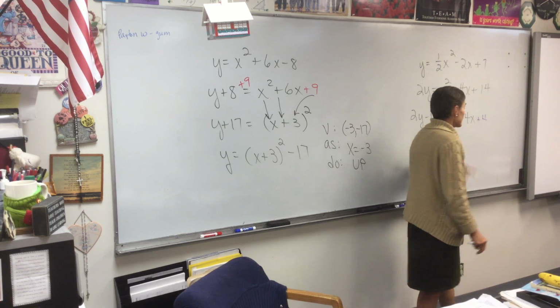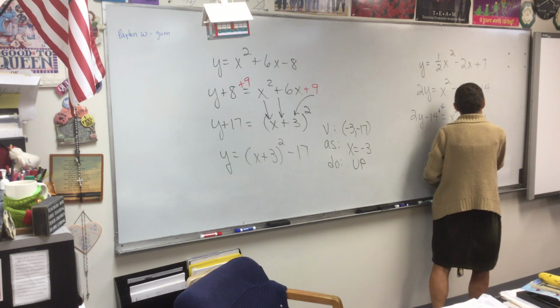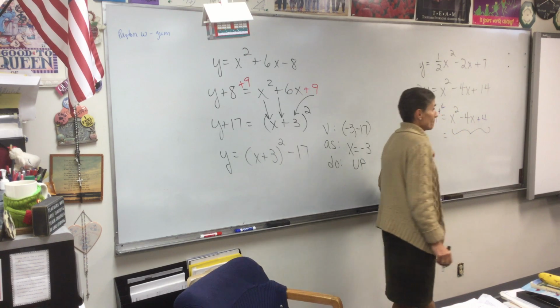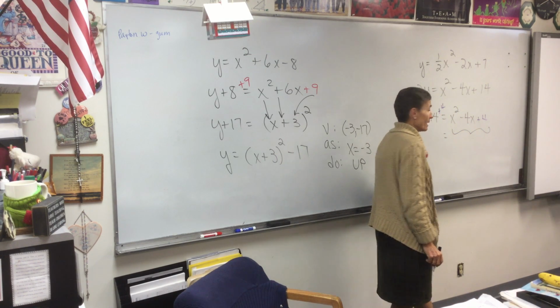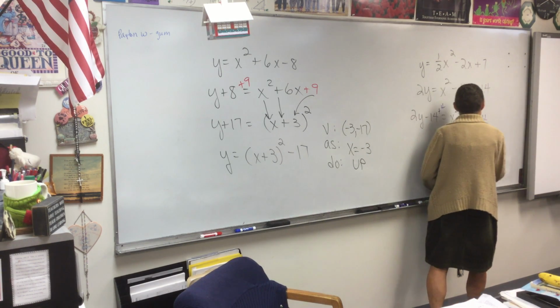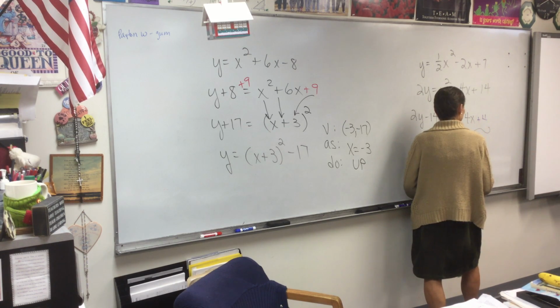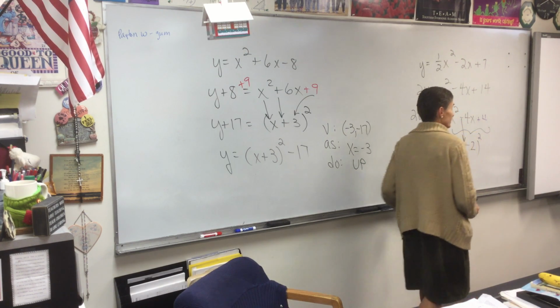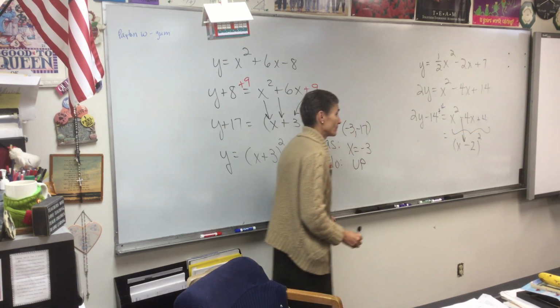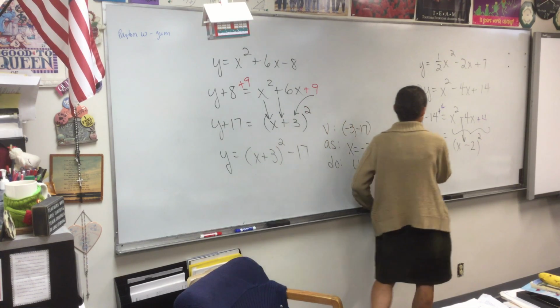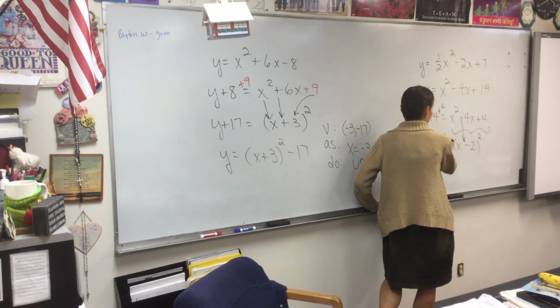Right? So this is a perfect square. Alex, what square is this? X minus 2. That's going to be x minus 2. And that's going to equal 2y minus 10.